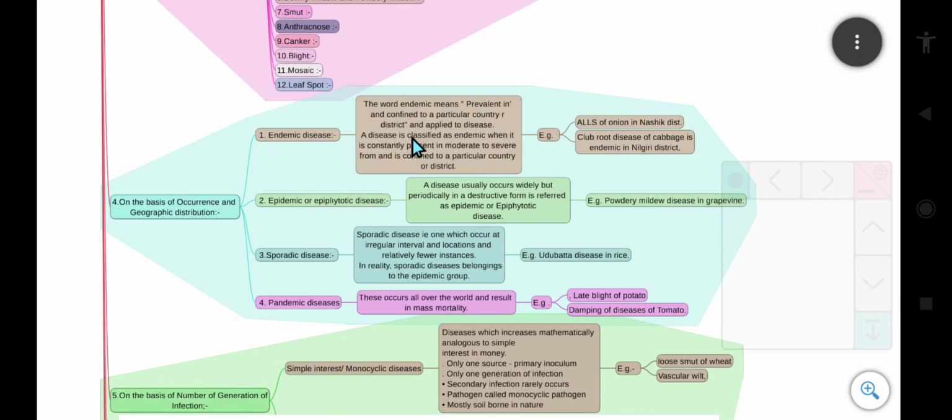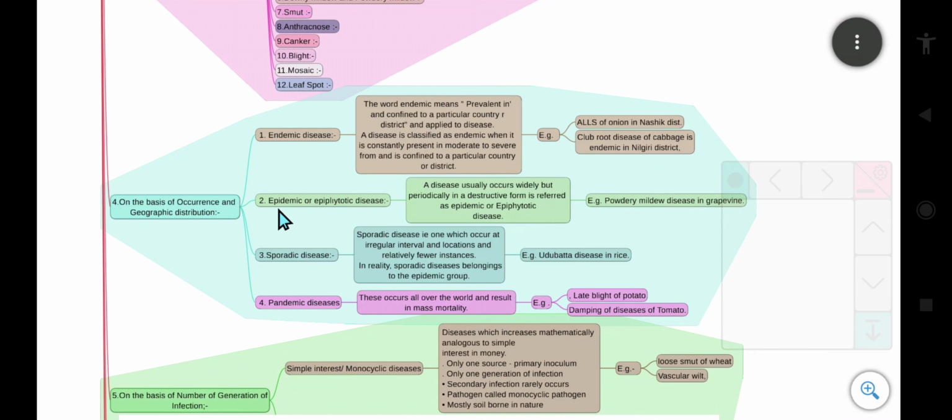A disease is classified as endemic when it is constantly present in a moderate to severe form and is confined to a particular country or district. Its examples are Alternaria leaf blight of onion in Nashik district and club root disease of cabbage, which is endemic in Nilgiri district.